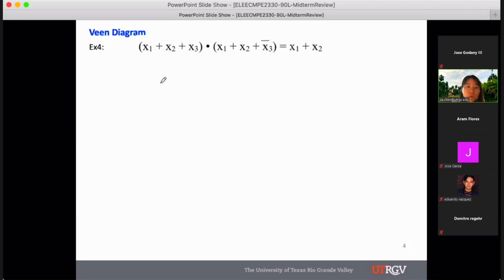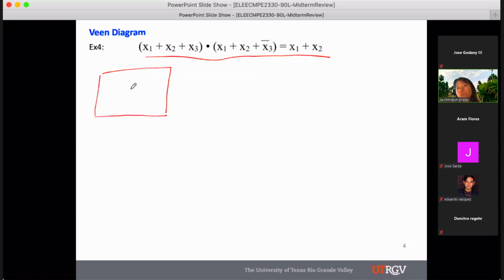Venn diagram. The problem here is to use Venn diagram to prove the equality. Maybe I would ask you to use Venn diagram to prove the equality or inequality, right? So first of all, you have to get the universe.